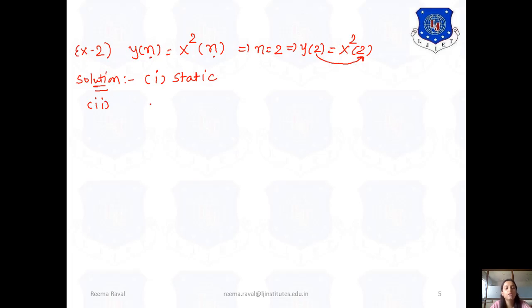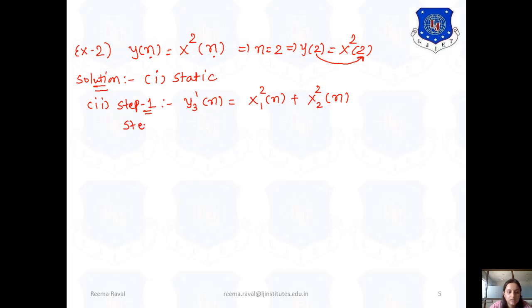The second property is to find out whether the system is linear or non-linear. For that we need to follow the steps. Step number 1, we need to find out the individual input response, and we will denote it as y3 dash of n. So it will be x1 square of n plus x2 square of n.